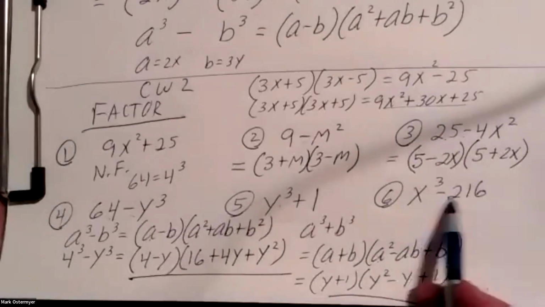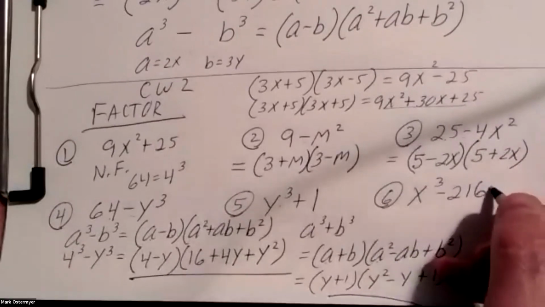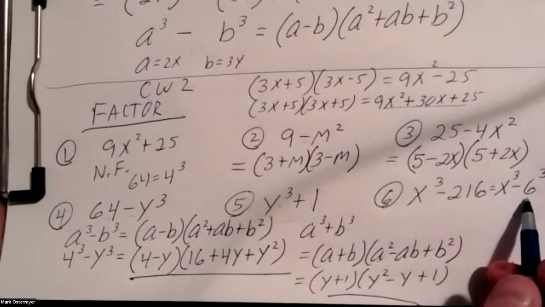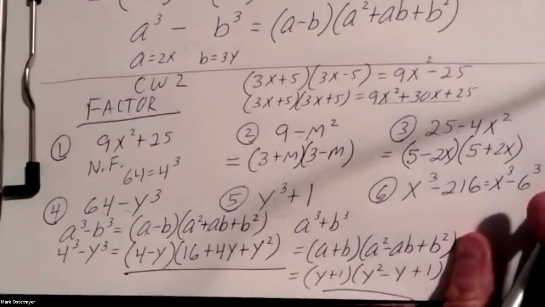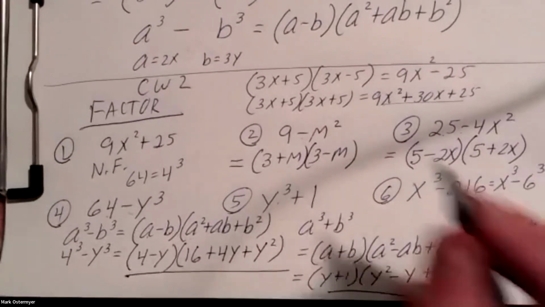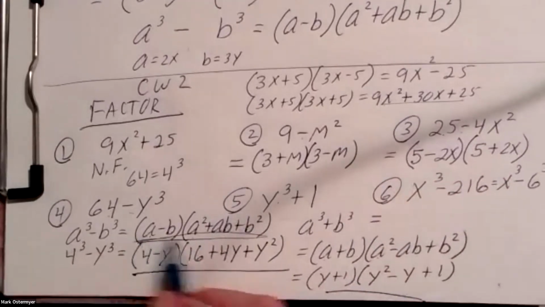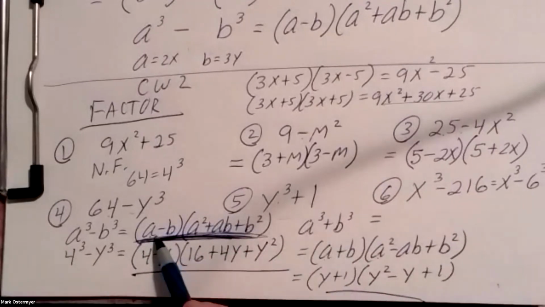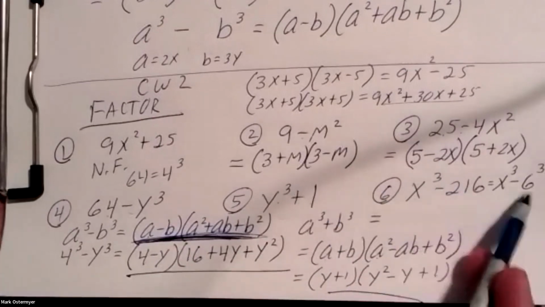Finally, x cubed minus 216. 216 being a perfect cube of what? Of 6. 6 times 6 times 6. So it's the difference between perfect cubes, and therefore it factors according to this difference of cubes. Your a term here is really an x, and your b is really a 6.